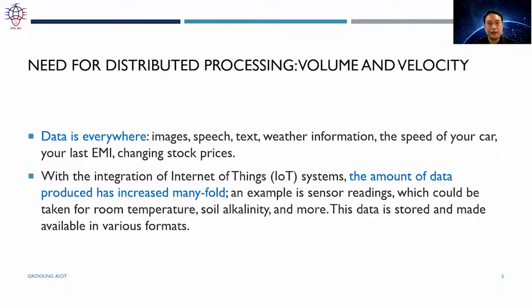So for example, we will have sensor readings, which will be taking room temperatures. We could have agricultural sensors taking in information about the soil, alkalinity, tree sensors, air sensors, about the environmental information. This data has to be collected and then stored and made available in various formats. So simply put, the volume and velocity of data is going to be increasing tremendously in the age of the Internet of Things.